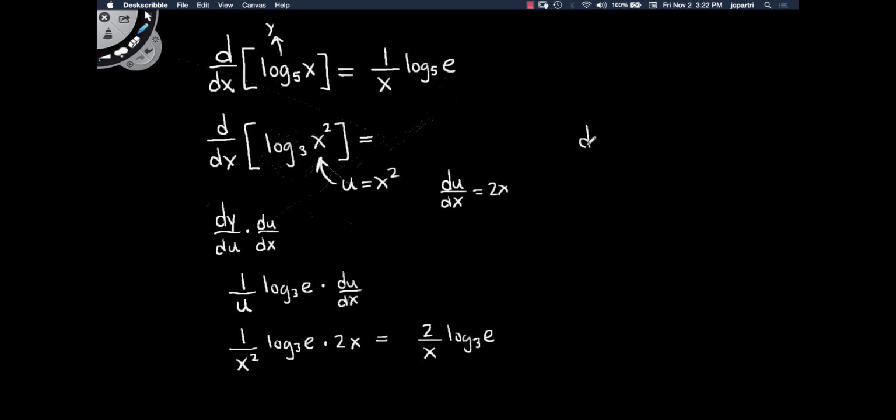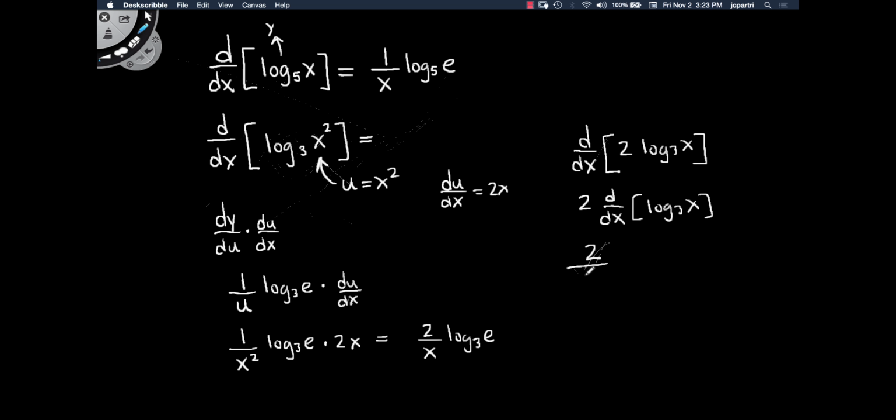So this would be equivalent to the derivative with respect to x of 2 log base 3 of x. And the derivative of a constant times a function is the constant times the derivative of the function. And so now using the formula that we just learned, we get the same thing.